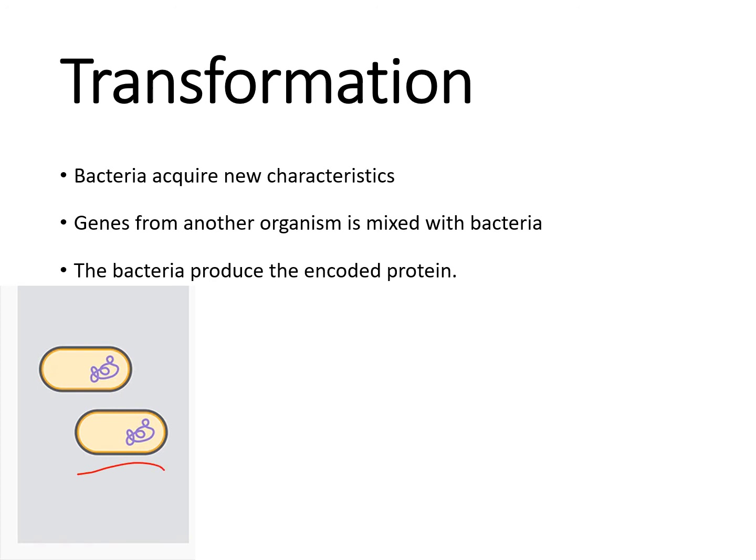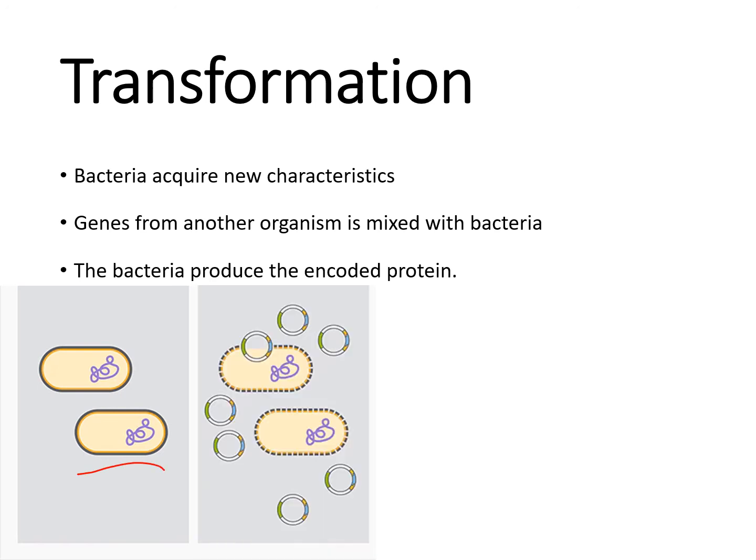You start with the bacteria, then you mix them with the plasmids, which is the DNA. On these plasmids, there are two important genes. The first gene is for ampicillin resistance. Ampicillin is an antibiotic that kills most bacteria, but if they have this gene, they can produce a protein which makes them resistant to the ampicillin.